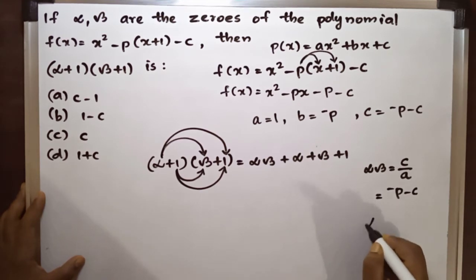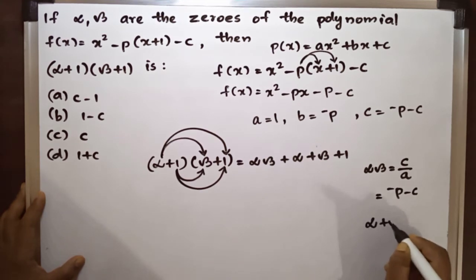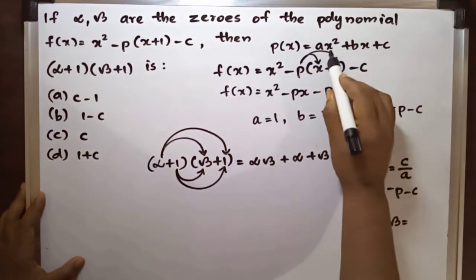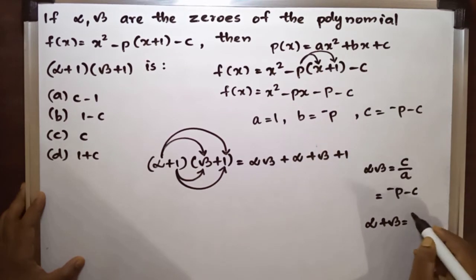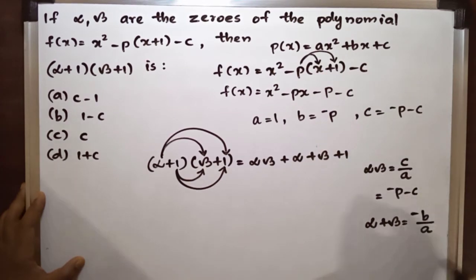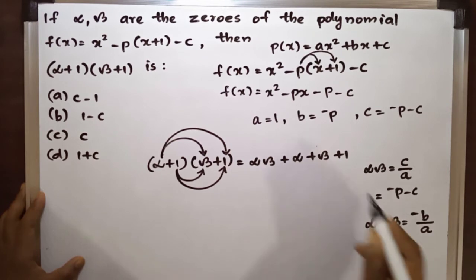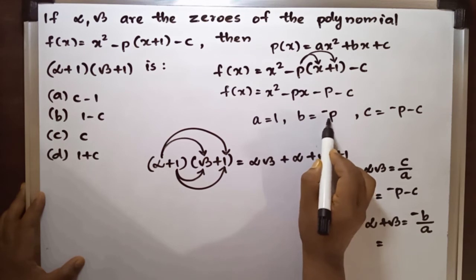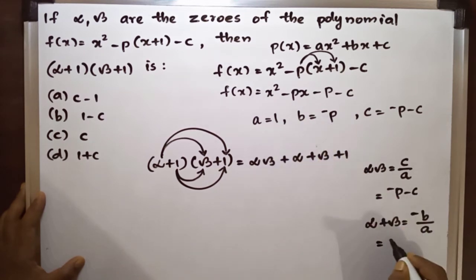Now what is alpha plus beta? In general equation we have learned that alpha plus beta is minus b by a, right? And in this given polynomial, what comes in place of b? Minus p. So minus of minus p.